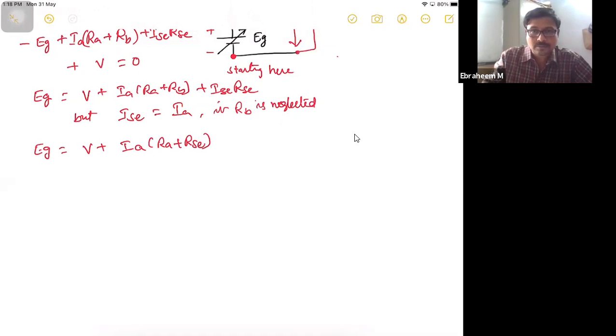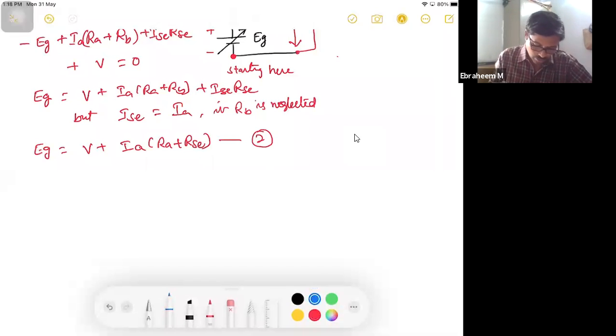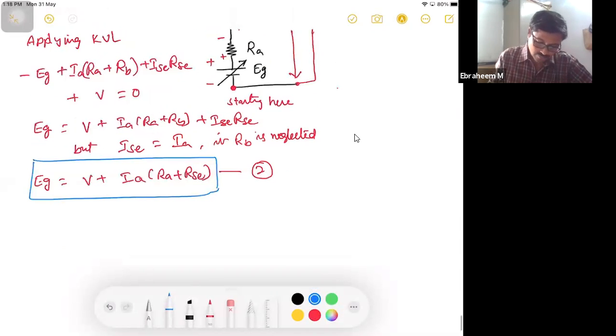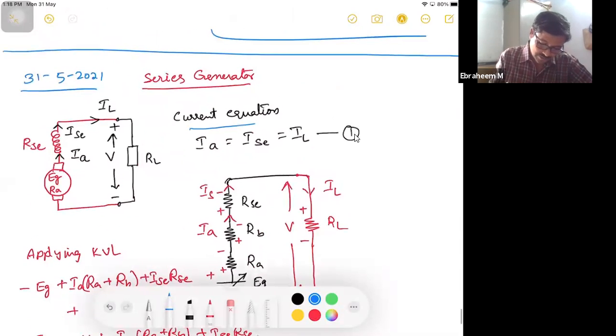So this is equation 2, which is the voltage equation. The voltage equation is this for the series generator, and the current equation is the first one.